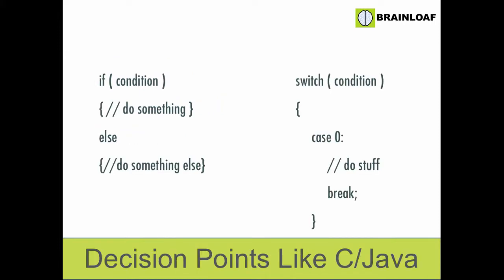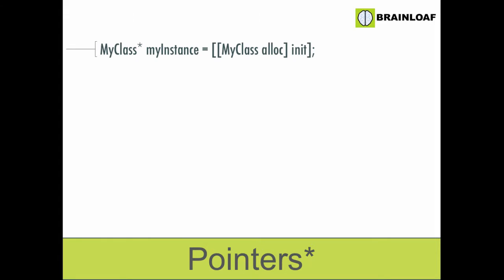So in Objective-C, the decision points in code really model C, and if you have worked with Java, you'll also recognize a lot of the constructs. Since we are dealing with C, one thing that you may not have ever even dealt with are things called pointers.